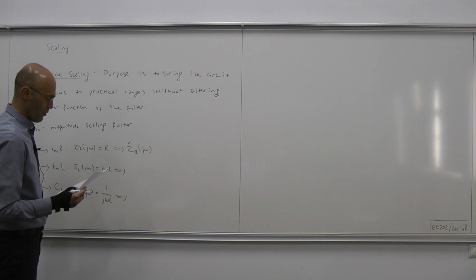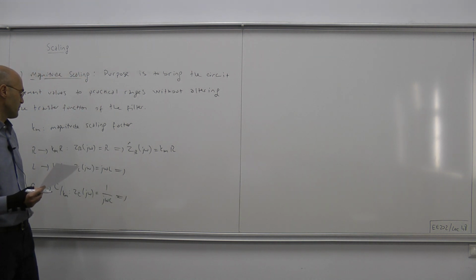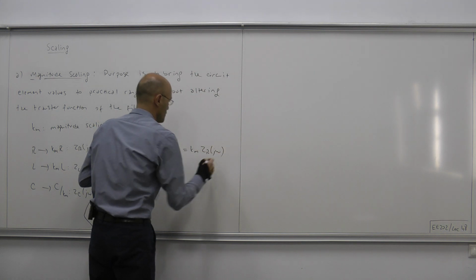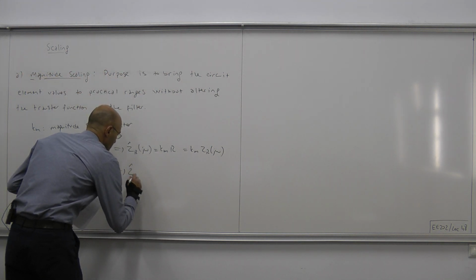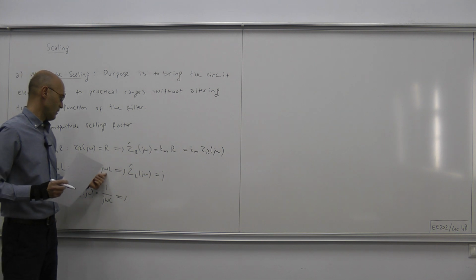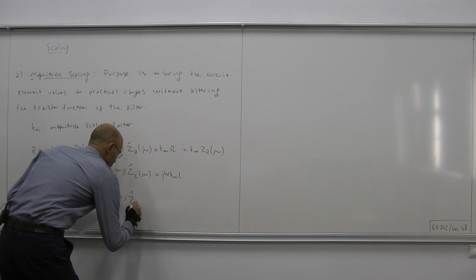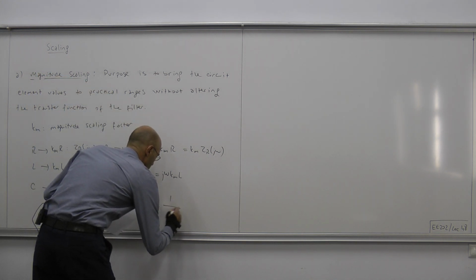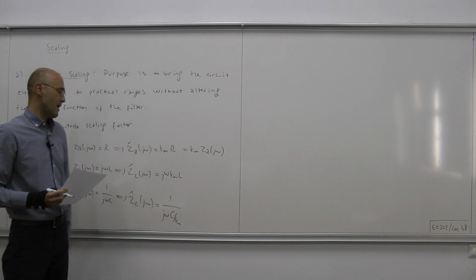So ẐR(jω) is Km times R, which equals Km ZR(jω), Km times the old impedance. ẐL(jω) is jωKmL, and ẐC(jω) is 1 over jωĈ, where Ĉ is C over Km.